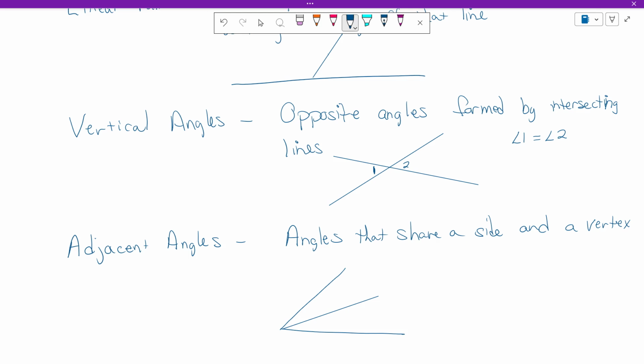So they're next to each other. So Anthony and Ben are sitting adjacent to each other. They're sitting next to each other. So adjacent angles are next to each other. They're beside each other. Okay?